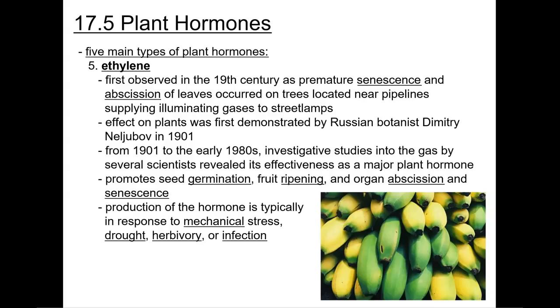Lots of times you can look at bananas in the store and see where it's actually ripening in spots. So you'll see yellow spots mixed within the green. That is where the hormone actually landed on the banana peel, and that's where it is ripening faster than the part it didn't land on. The production of the hormone is typically in response to mechanical stress, drought, herbivory, or infection.